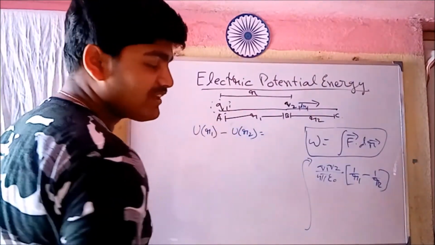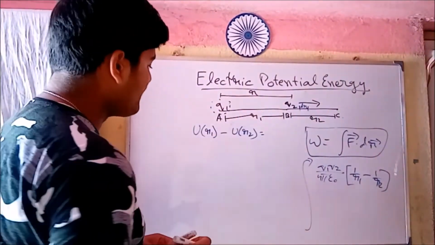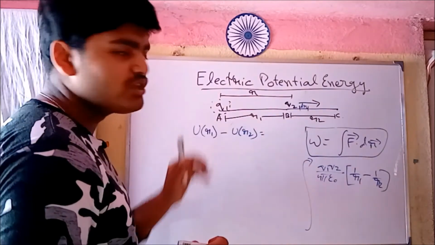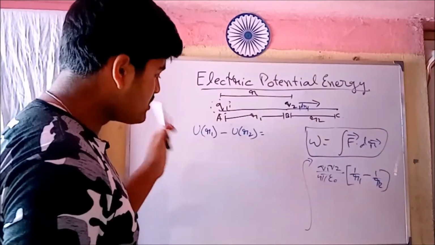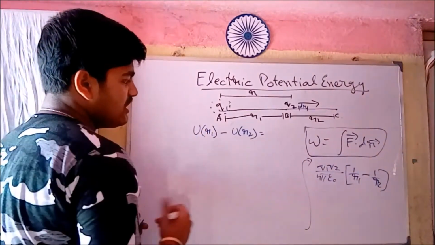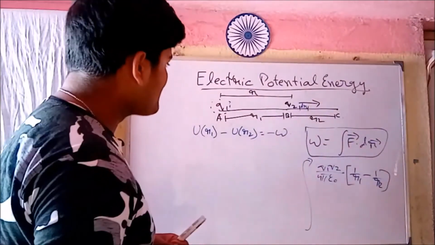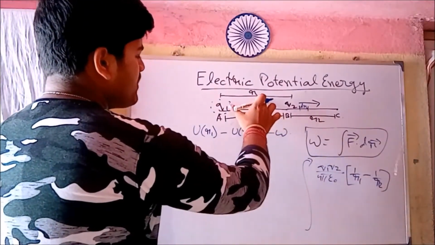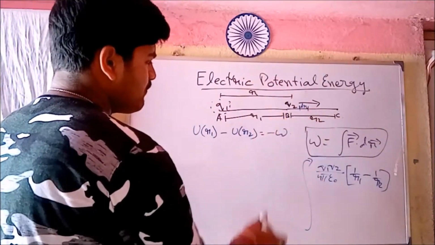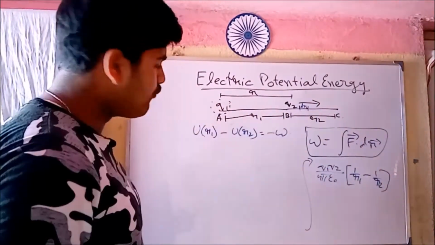If we assume that the body is displaced without any loss of kinetic energy, and the entire potential energy is used, then the work done equals the potential energy. So final minus initial will be minus W, as previously it was less and after that it is more, so the final minus initial term is negative here.